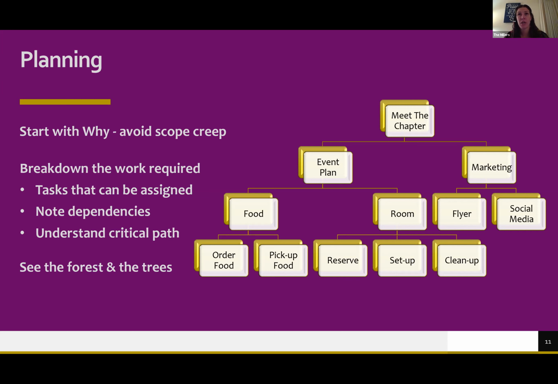So as a leader within the chapter, you can make sure that you're opening gates for other people, right? So if a brother is really interested in becoming senior vice president, then whether or not you're senior vice president, you should encourage them to be on the recruitment committee. You should encourage them to maybe own or be the event chair for one of the recruitment week events or recruitment season events.